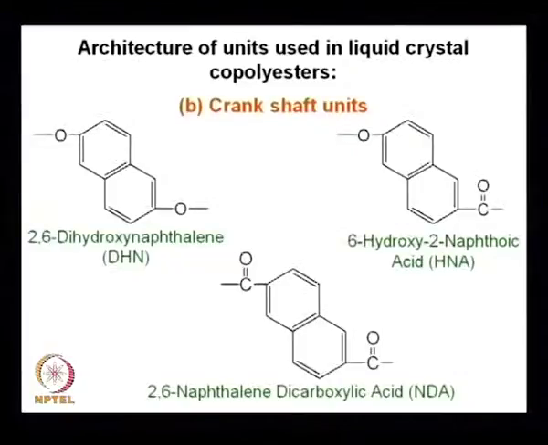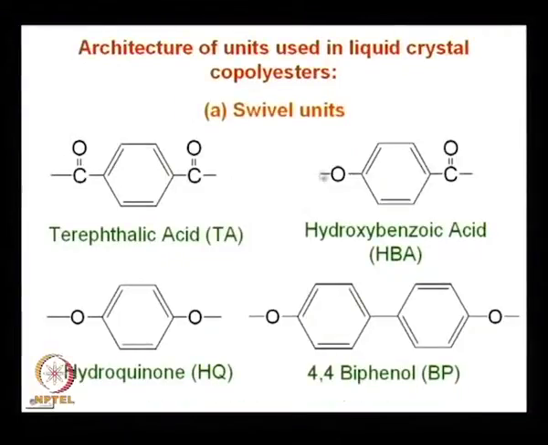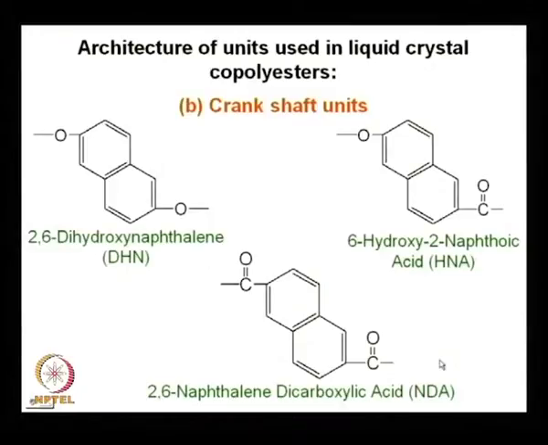In the previous case, you see these were the architectures, but the groups are the same: carboxyl groups, dicarboxylic acid, hydroxy acids, hydroquinone or biphenol. Having the same groups but with another design gives you a crankshaft unit.